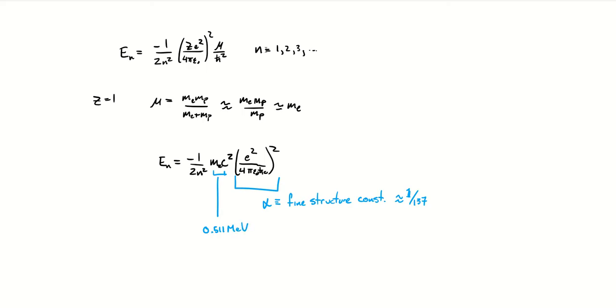So we can write the energy in terms of those constants. And so in that case, E sub n is equal to negative 1 over n squared, 1 half alpha squared m e c squared. So we can write it in terms of that.